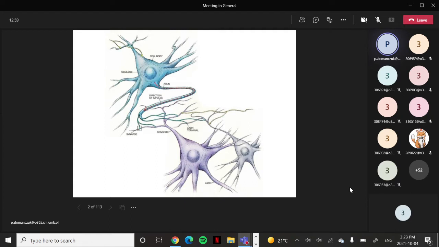When you think about it, it is a problem, because in the nervous system information is sometimes conducted over long distances in axons. As you can see on this slide, axons are the parts of the nervous cell, or neuron, which are responsible for sending information far away.